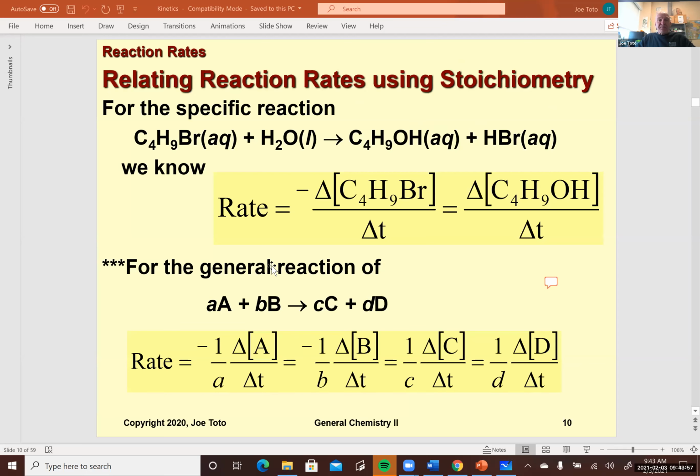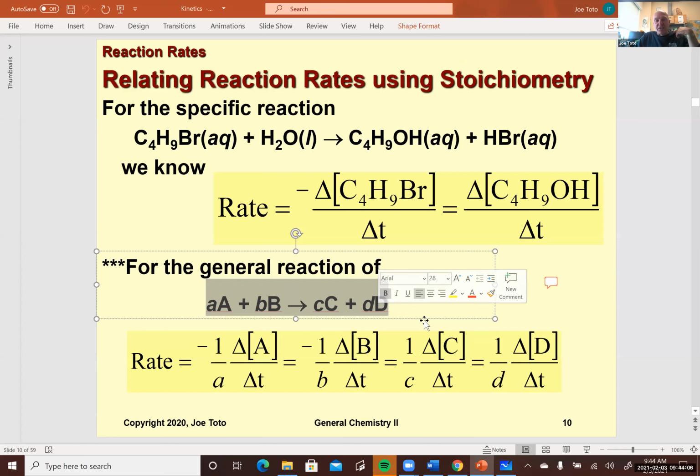We introduced this generalized rate equation that applies to any reaction. So this generalized reaction that we looked at has two reactants and two products, but there's no reason why we can't have more or less.